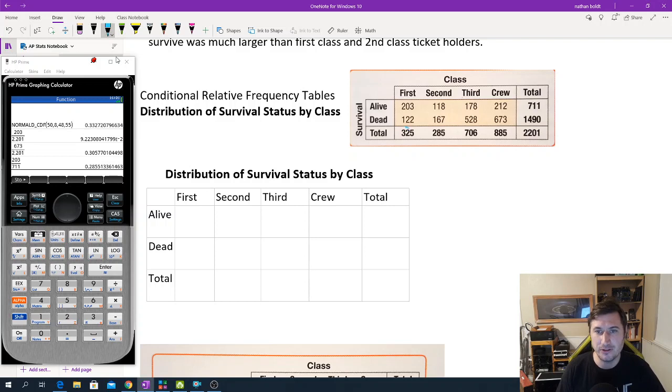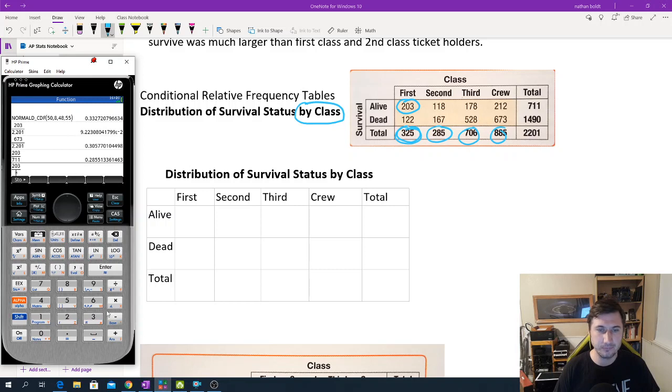I'm going to use these totals down here for my percent. I know that because it says by class, so I'm going to divide by the class totals. So what is my first number going to be? Well, I'm going to do 203 divided by 325. 203 divided by 325. So that will be 62%.